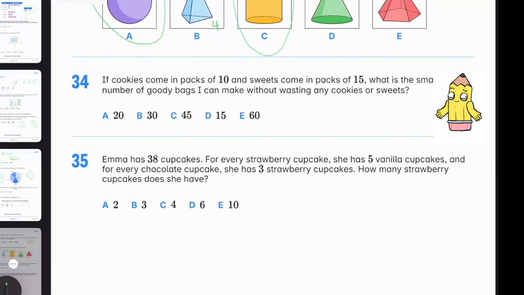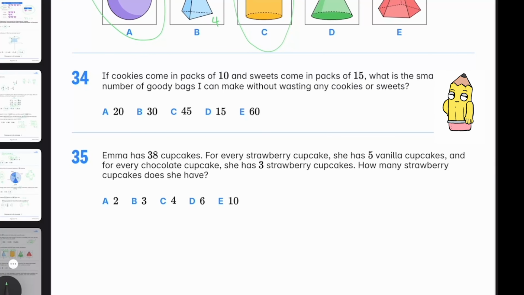Okay, question 34. If cookies come in packs of 10 and sweets come in packs of 15, what is the smallest number of goodie bags I can make without wasting any cookies or sweets? So now this topic is multiples. And a multiple of a number is a product of that number and an integer. So a common multiple is what we're looking for, and that is shared by these two or more numbers.